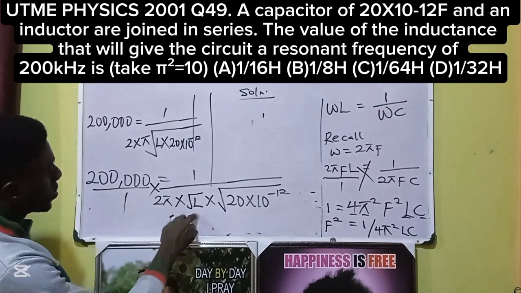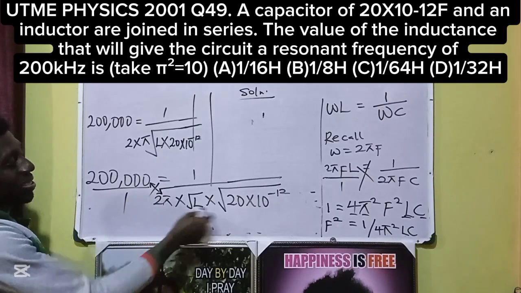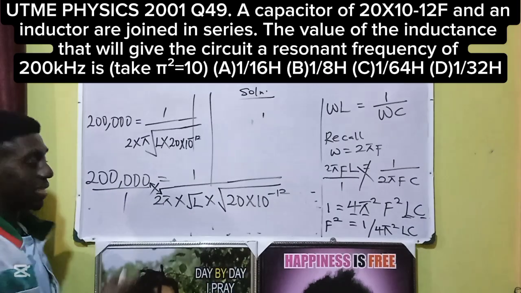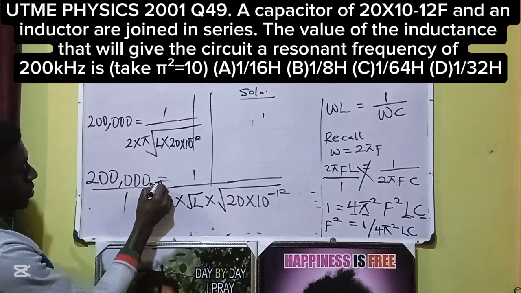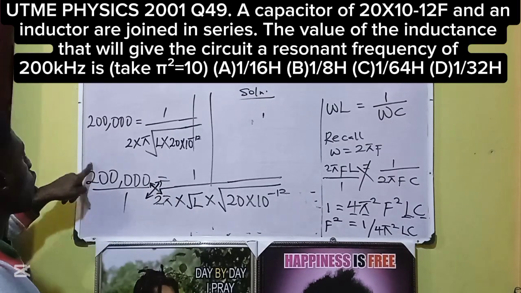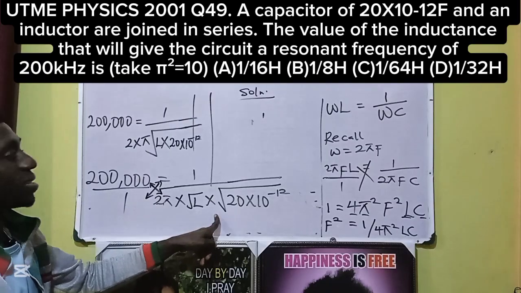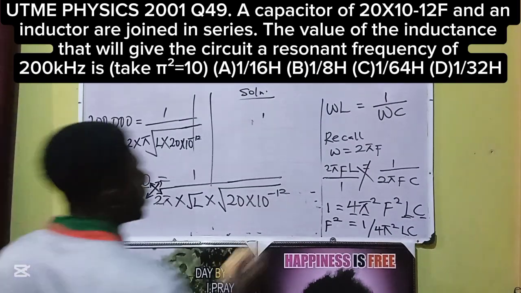Since we're looking for this, notice 200,000 is on the same line with the denominator at the other end. So they can swap. I can swap any of the parameters. Cross and multiply. So L can go up while 200,000 comes down. Mathematically, it's allowed.